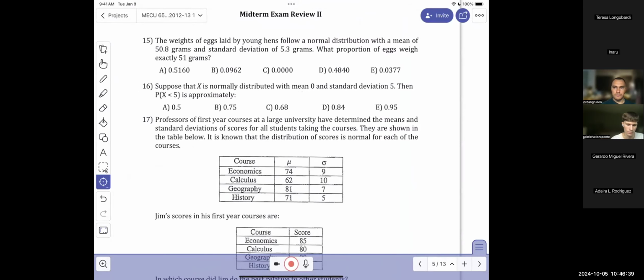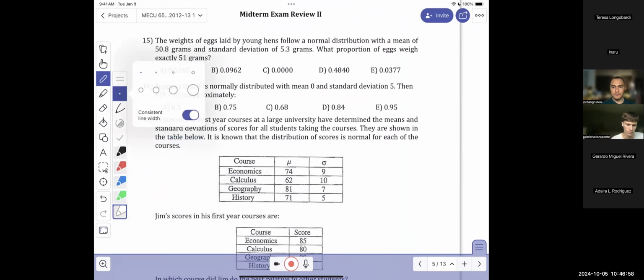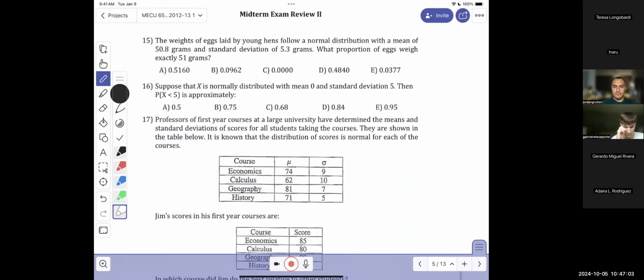Suppose that X is normally distributed with a mean of 0 and standard deviation of 5. Okay, so to do this problem, are you sure it's this one you want me to do?